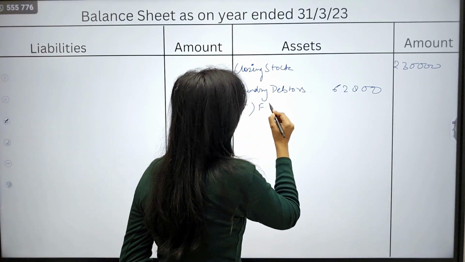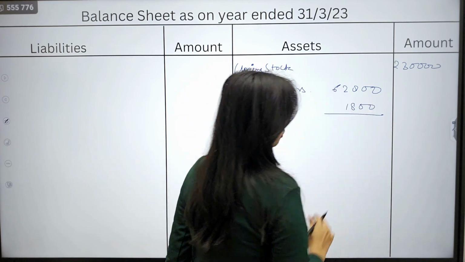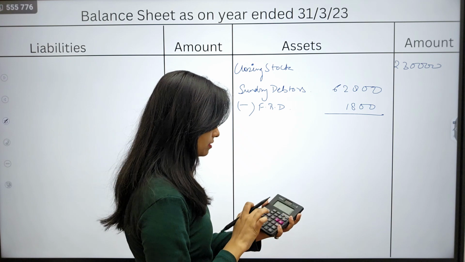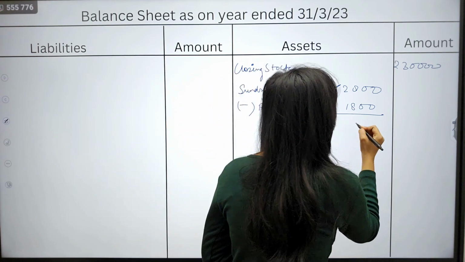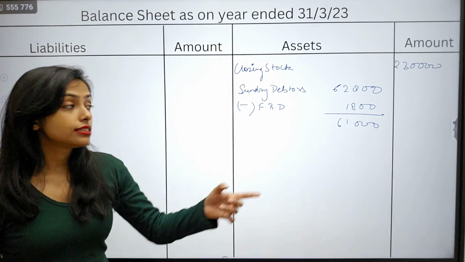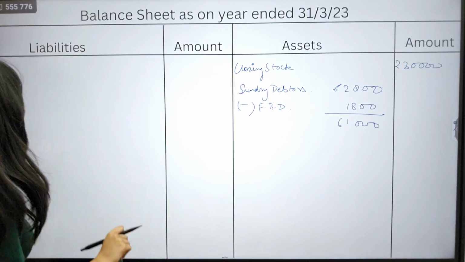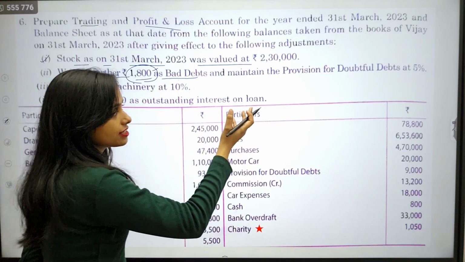Hence, we are just going to reduce the further bad debts from here. That is only 1,800 rupees and not the 5,500 rupees. So this we will get what? 61,000 rupees is my final value after reducing the further bad debts. Got it till here? Okay, now bad debts adjustment has been done.